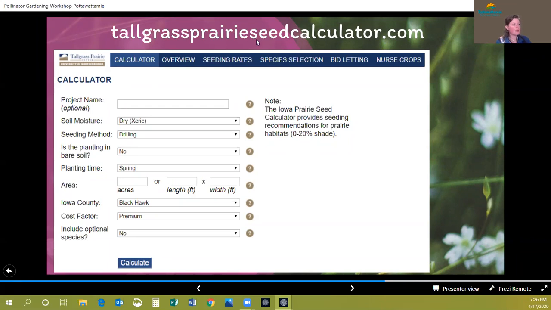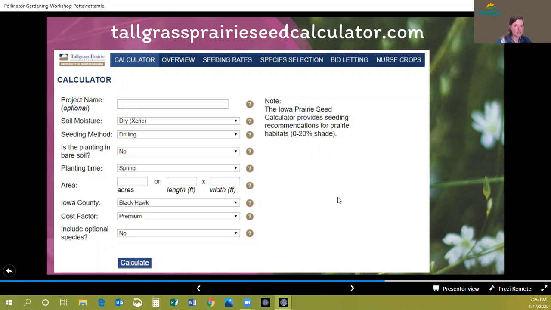The Tall Grass Prairie has a seed calculator where they give you suggestions. You say what your soil is, how you're going to seed, when you're going to seed, and what county you're in, and they have all kinds of different things that run in the background to tell you what native species will be good, what choices they are.